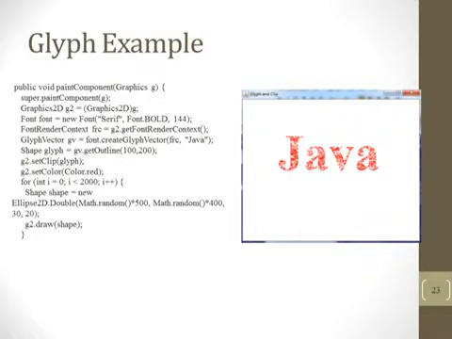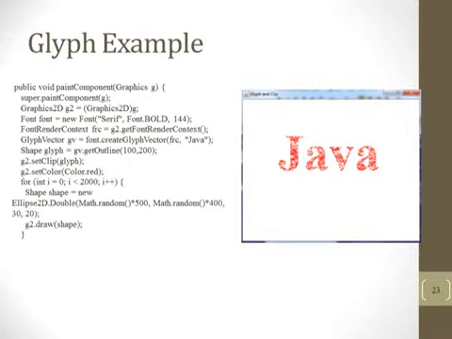The 100 and 200 are the x and y parameters that specify the starting location for rendering the glyph. The returned shape object corresponding to the glyph can be processed and rendered like other shape objects, which is, for example, shape glyph.